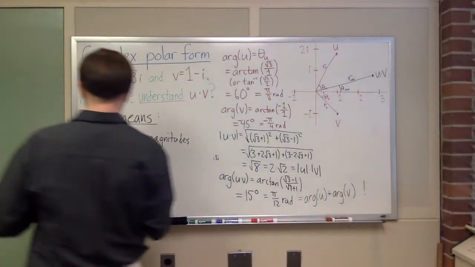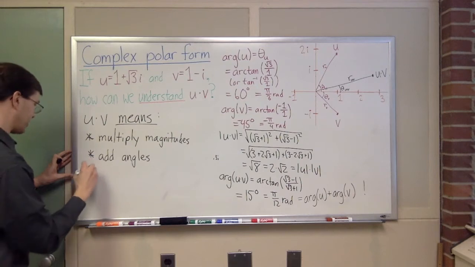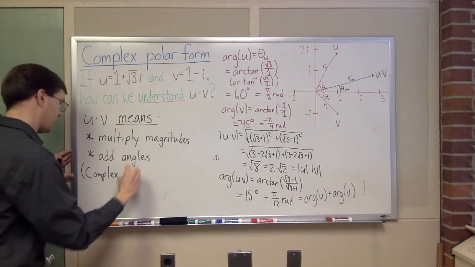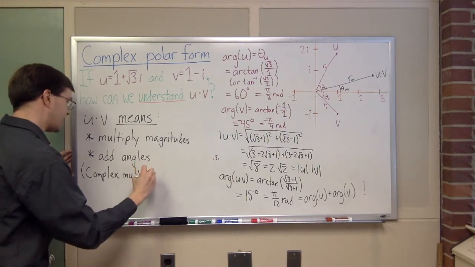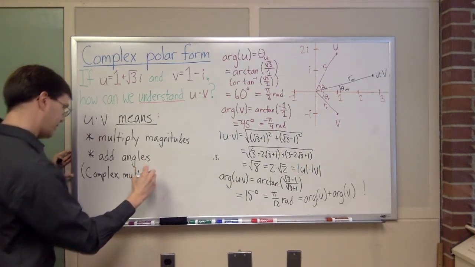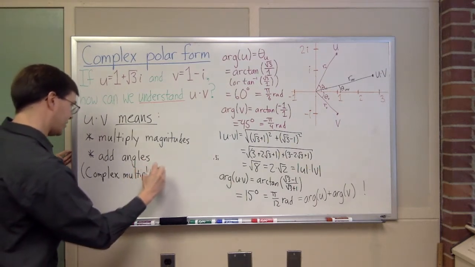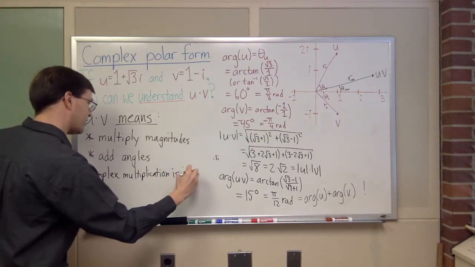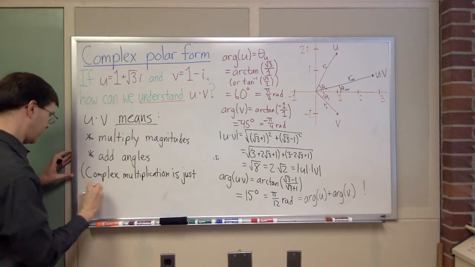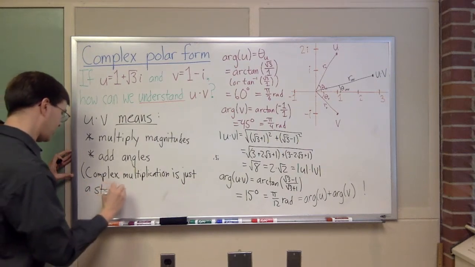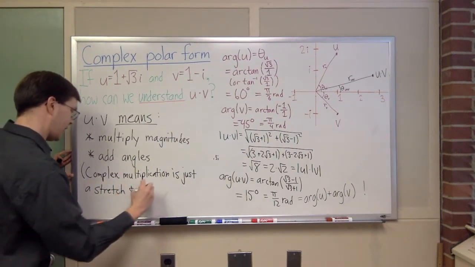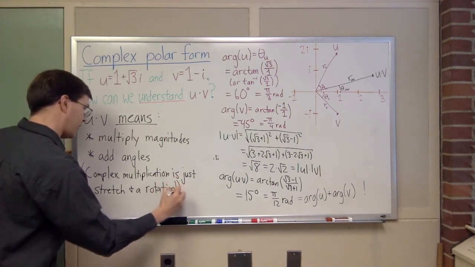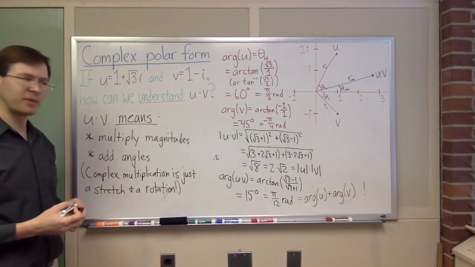So complex multiplication is just a stretch and a rotation. So that's a meaning for complex multiplication right there.